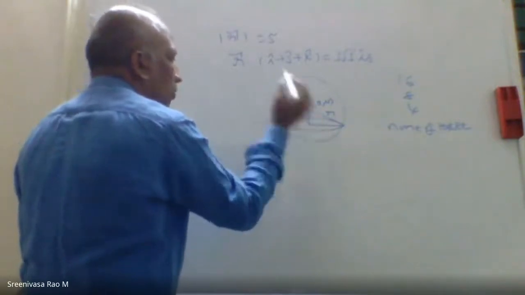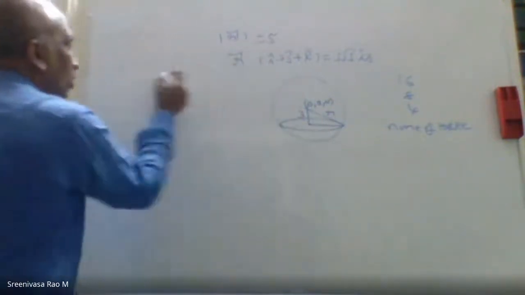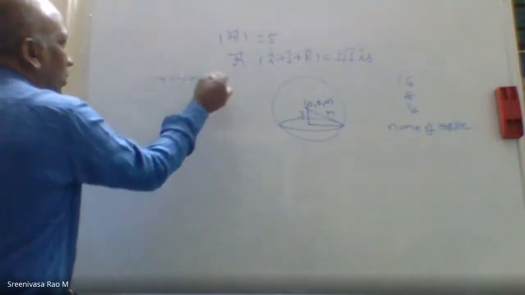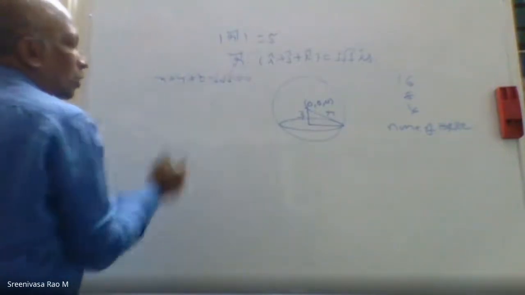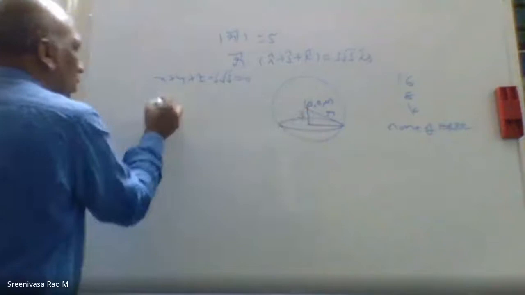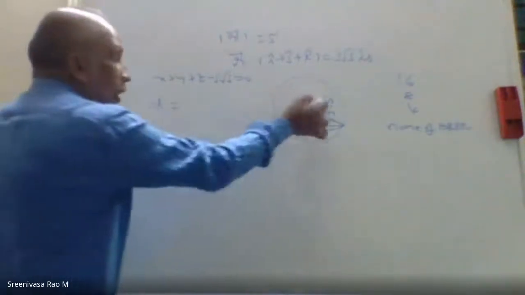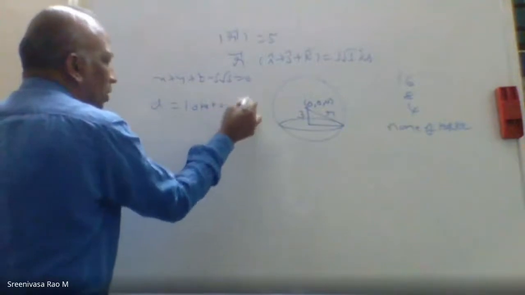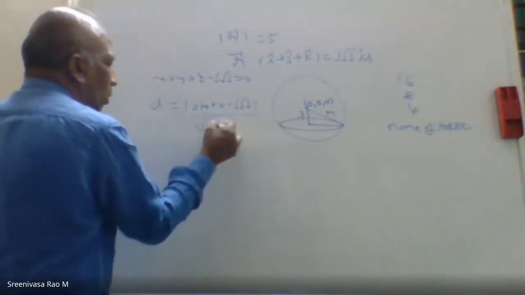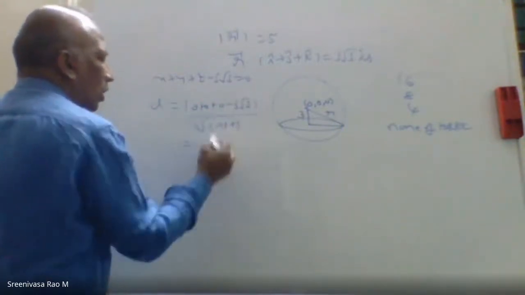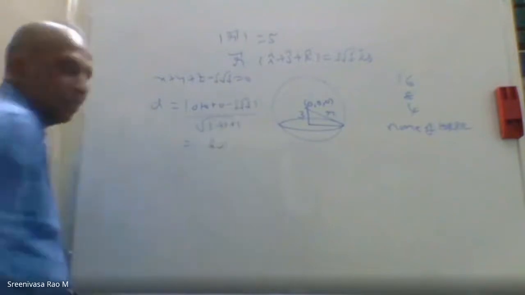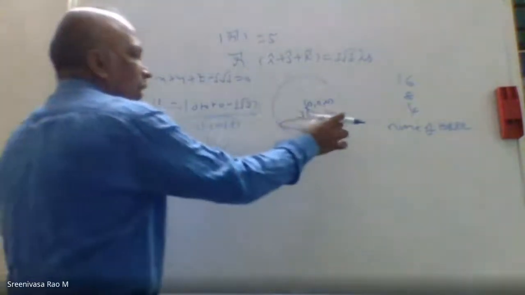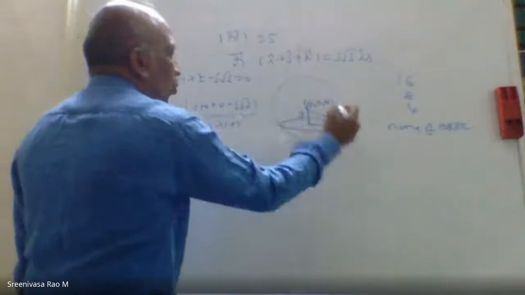Because this equation becomes x plus y plus z minus 3 root 3 equal to 0, the perpendicular distance d from the origin to this plane is obtained by substituting 0 plus 0 plus 0 minus 3 root 3 by root of 1 plus 1 plus 1. We will get 3. This is 3, and the sphere radius is 5.